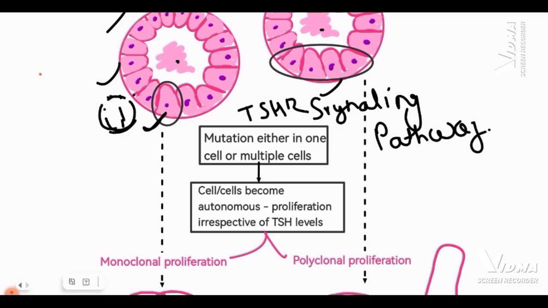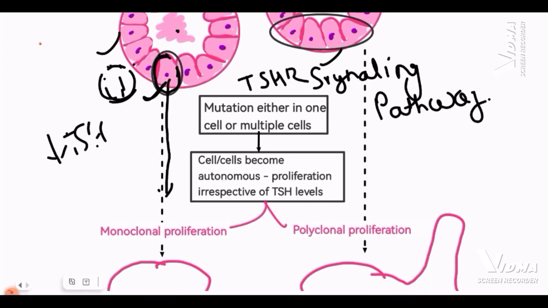Now, due to this mutation in the TSH receptor signaling pathway, this cell will proliferate independent of TSH levels. Means if there is low TSH, in this case also this cell is going to proliferate, irrespective of TSH levels, whether low or high.